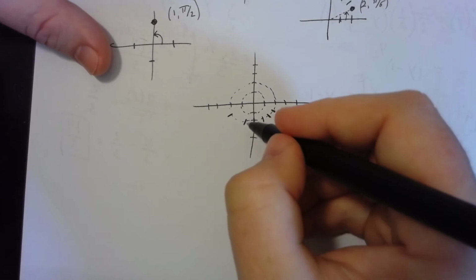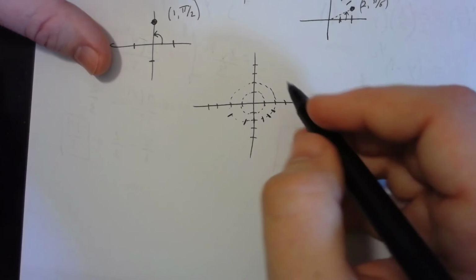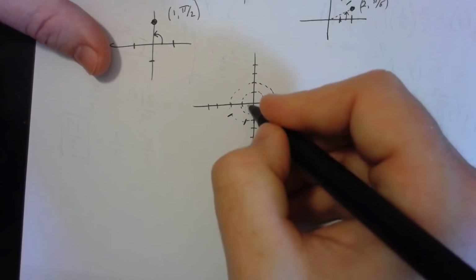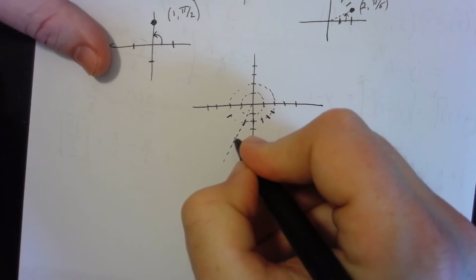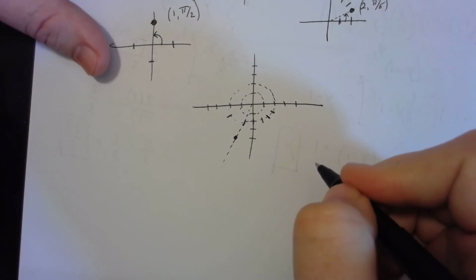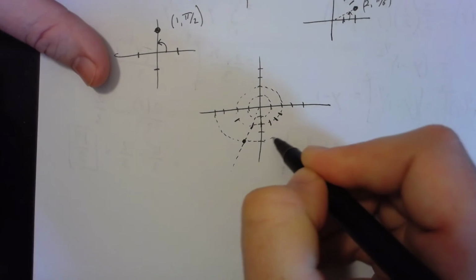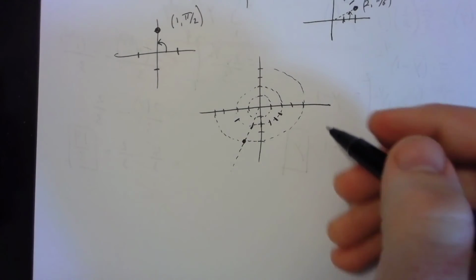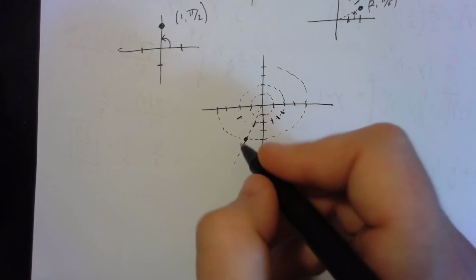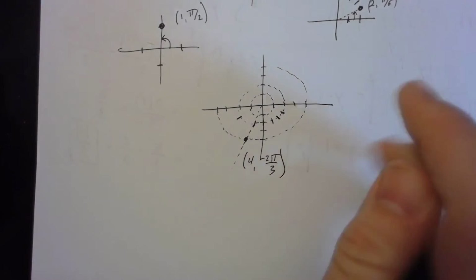Now recall, 4 pi over 6 is actually 2 pi over 3. So I'm going to go negative 2 pi over 3, but I'm going to go out a distance of 4 units. So right about there. Again, keep in mind, this is not a straight line, this is a circular region encompassing that. Now again, this might not be drawn perfectly to scale, but that's that point right there at 4 comma negative 2 pi over 3.